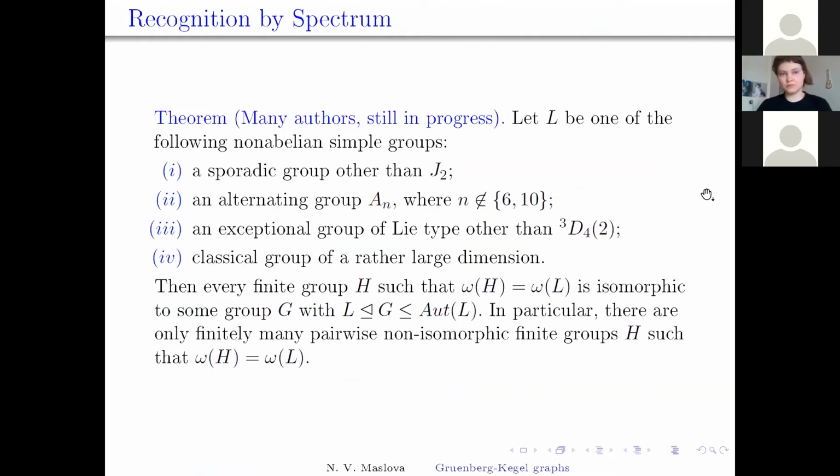So let us continue about recognition by spectrum. There is a very big theorem by many authors and still in progress. If L is one of the following non-abelian simple groups, then it's almost recognizable by spectrum: a sporadic group, except of Janko II, an alternating group of degree not equal to 6 or 10, an exceptional group of Lie type other than this group, or a classical group of rather large dimension.